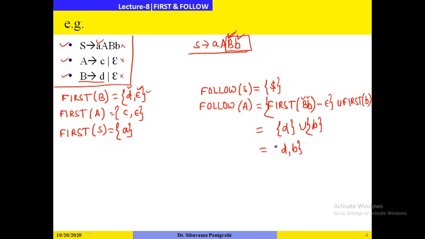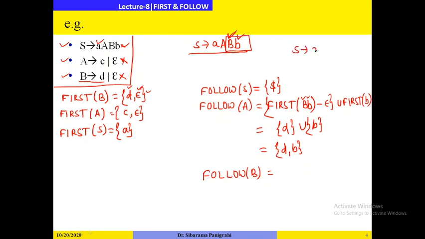Now you have to compute the follow of B. Follow of B means which production will you look at? The production whose right hand side contains a B. In these productions B is not present on the right hand side, but in this production B is present on the right hand side.